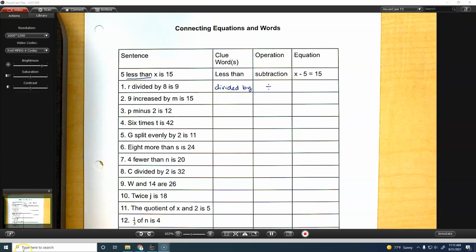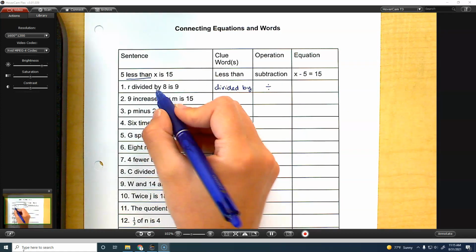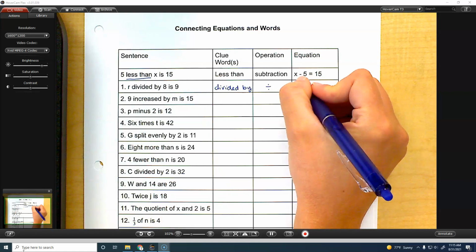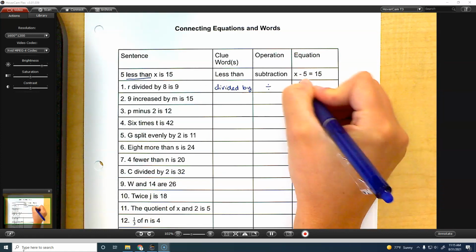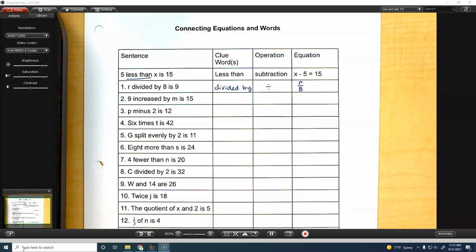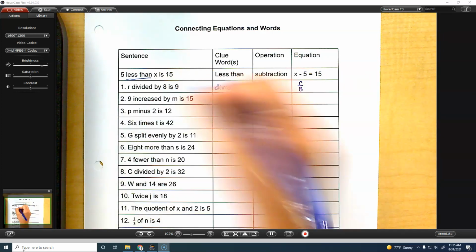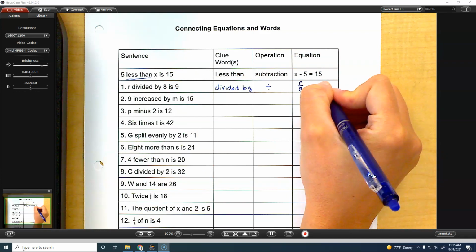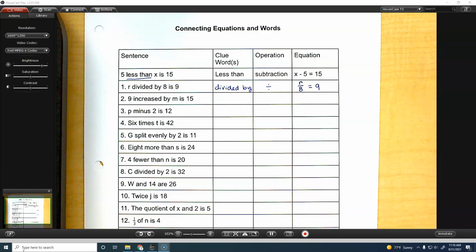And then R is divided by 8, and I do want us writing our division like a fraction, like this, because we're going to see that a lot more in algebra versus the division sign. So R divided by 8 is, tells us to write an equal sign, and 9. Okay? Questions?